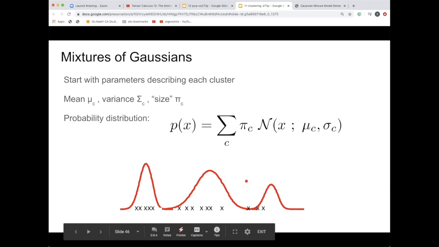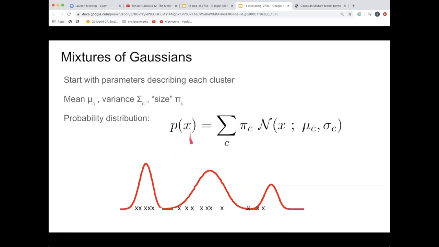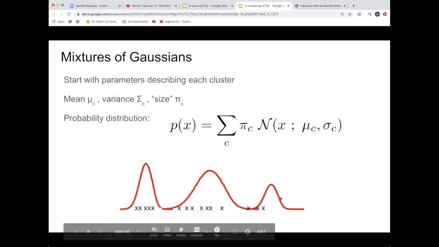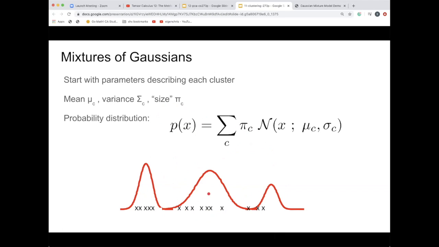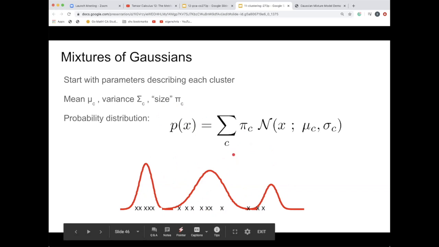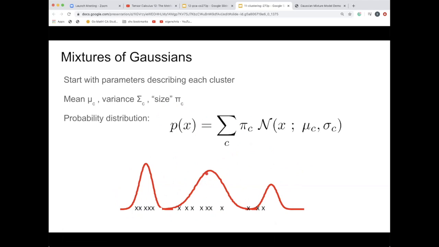The overall density function is a mixture of these 3 Gaussian distributions, with some weight parameter, pi c, associated with each one of them. Now you can model distributions with very irregular shapes, multi-mode distributions, which makes the model much more flexible than the single Gaussian.